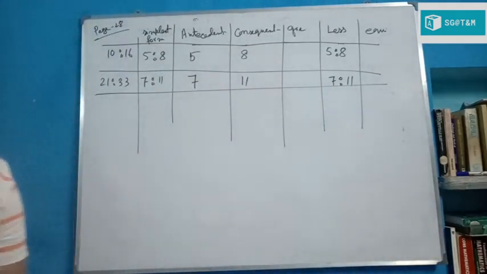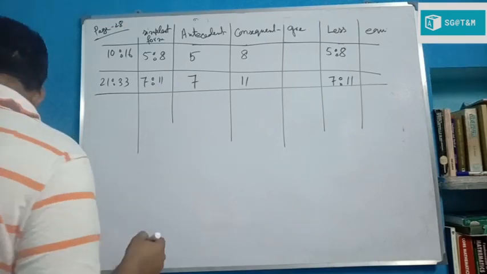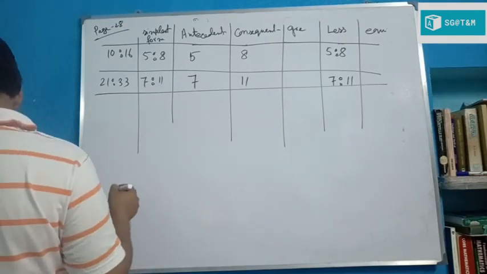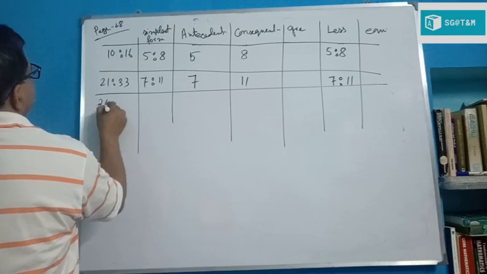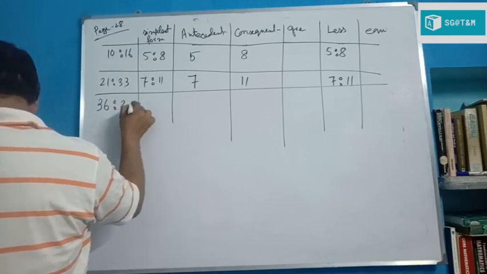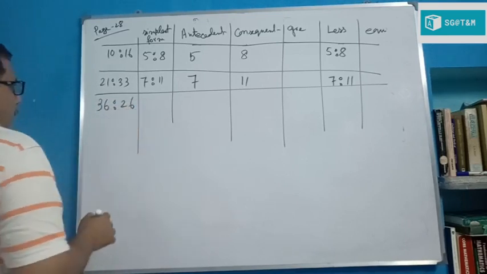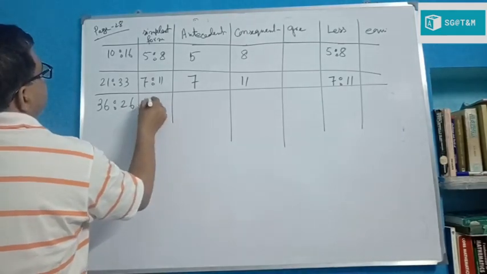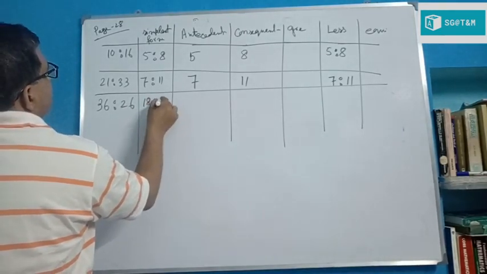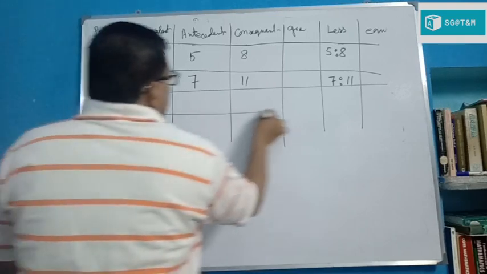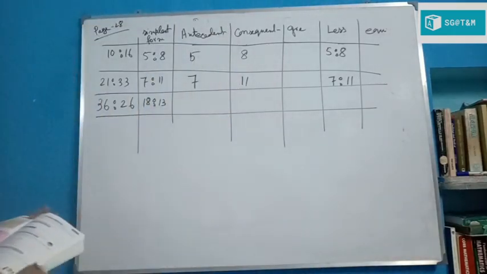Next, 36:26. In simplified form, divided by 2, it is 18:13.